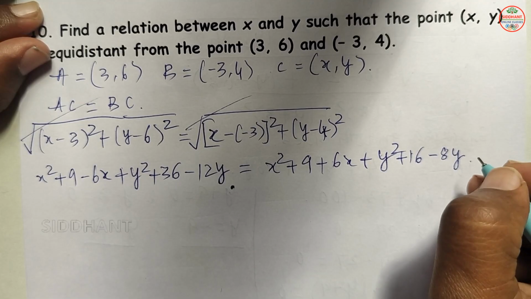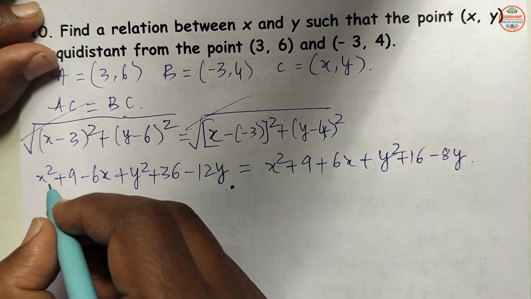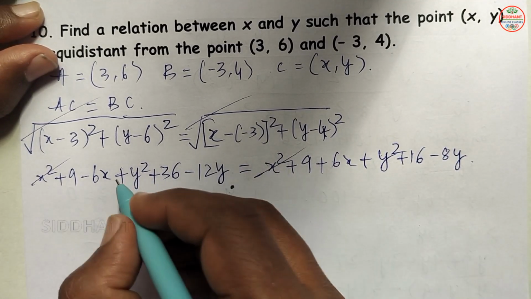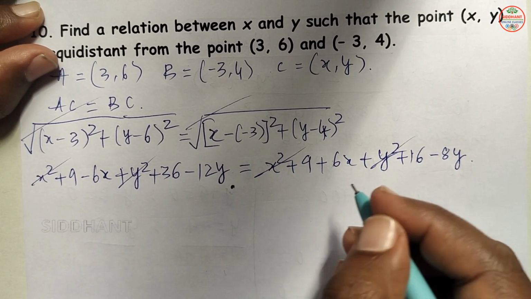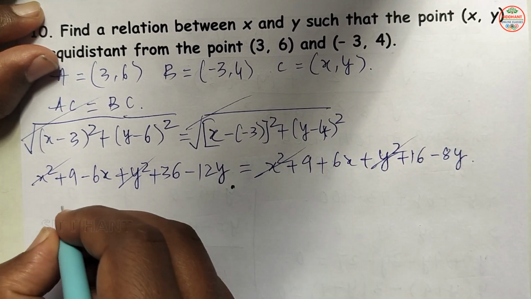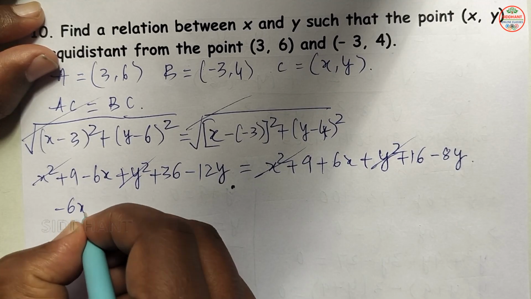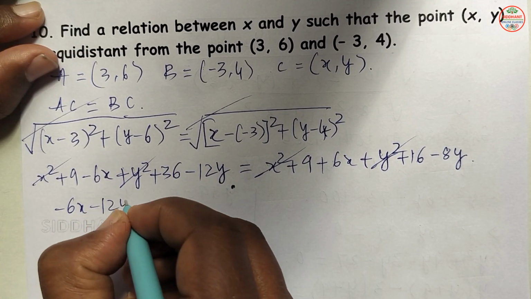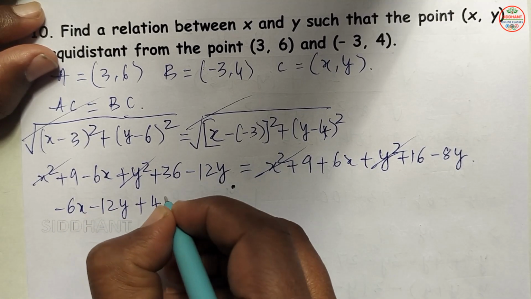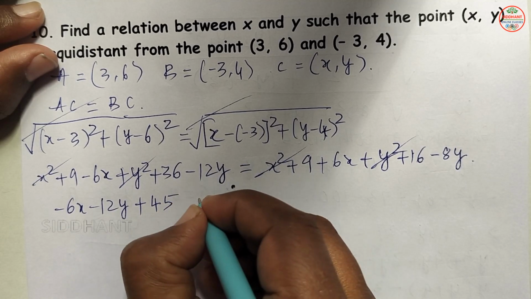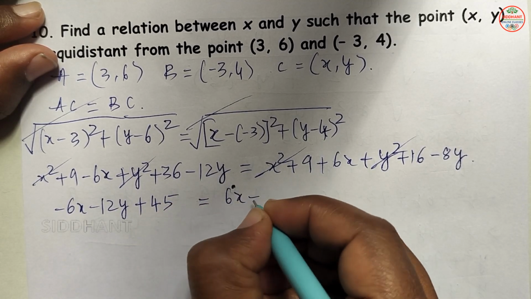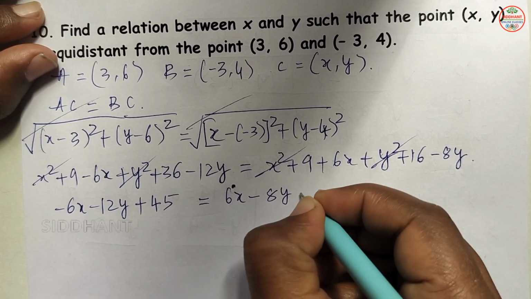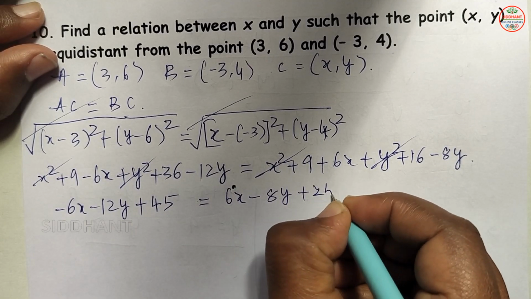So x square cancels, y square cancels. So minus 6x minus 12y plus 45 equals 6x minus 8y plus 25.